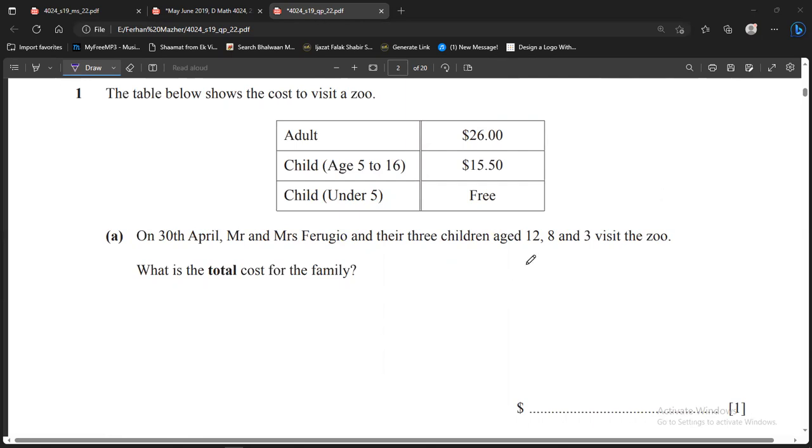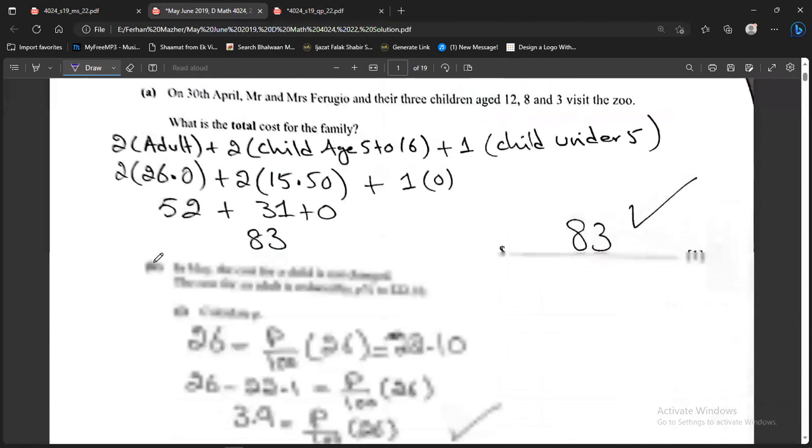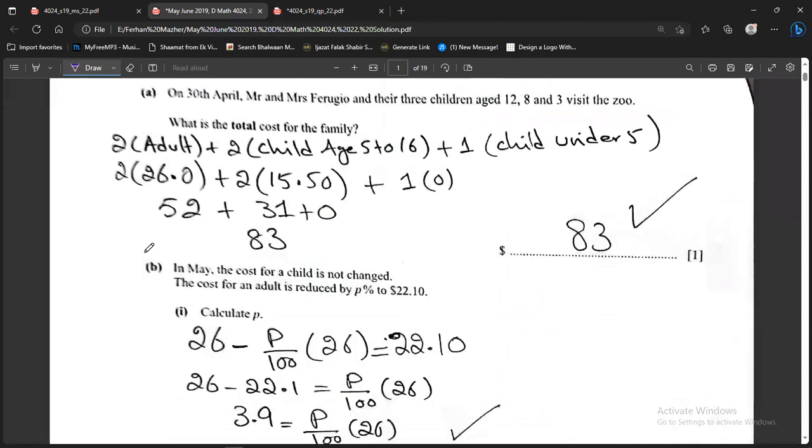You see, these 2 children, their ticket will be $15.50 each. This child will be free, and Mr. and Mrs., their ticket will be $26 each. So we can calculate the total cost very easily: 2 multiply adult, plus 2 multiply child age 5 to 16, plus 1 child under 5.